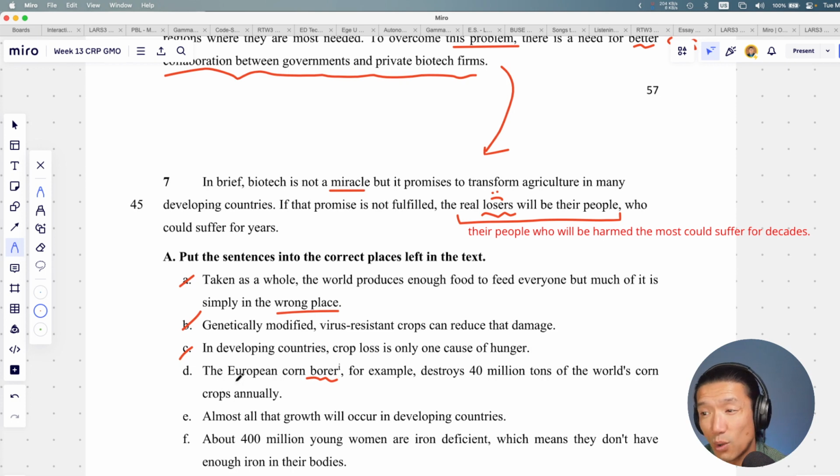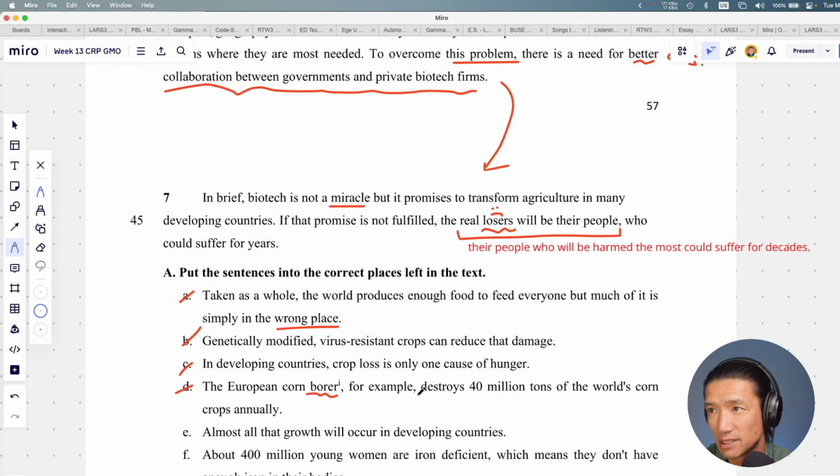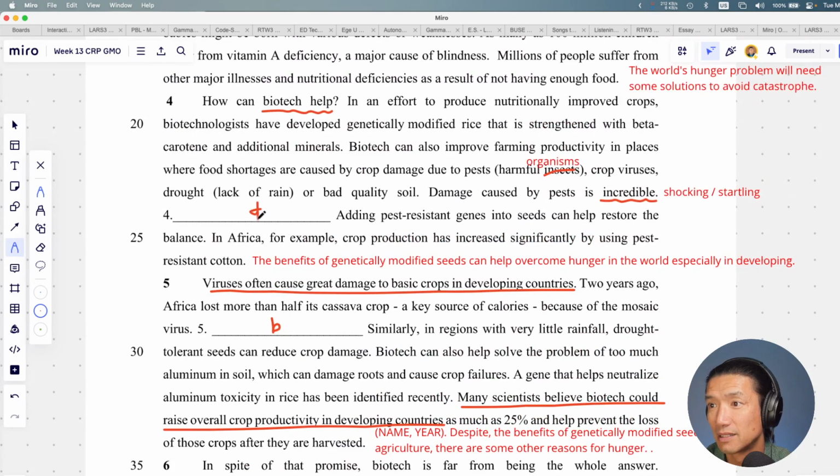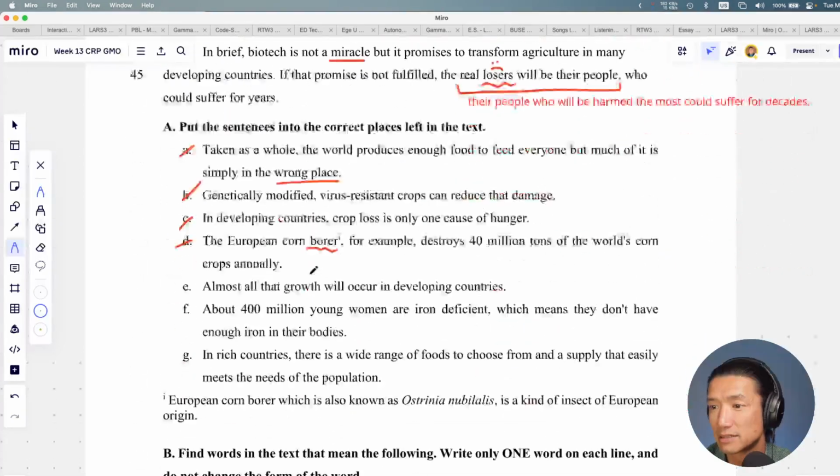If I said, for example, the European corn borer destroys 40 million, it just doesn't feel as strong sometimes. So sometimes you want to put extra information in there with those two commas. I'm going to label this one as D.